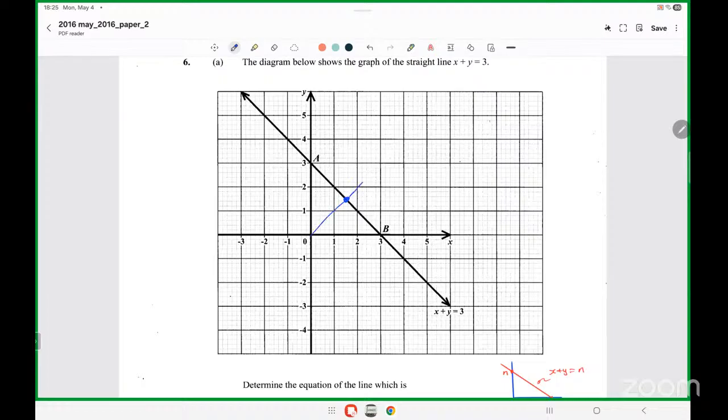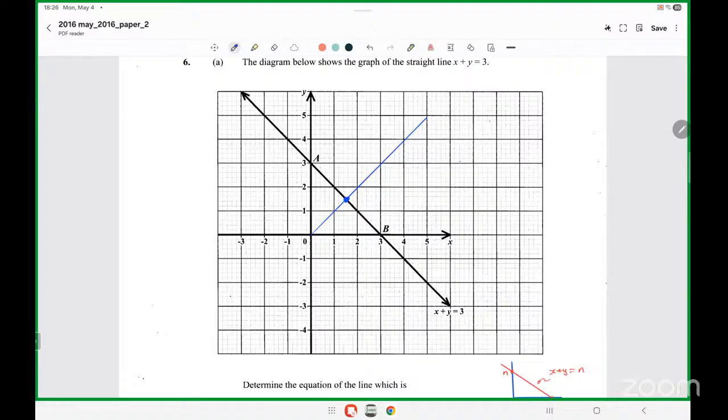It's going to go right through the middle of the graph like this. Let's show the point (5, 5). That's going to be the line.